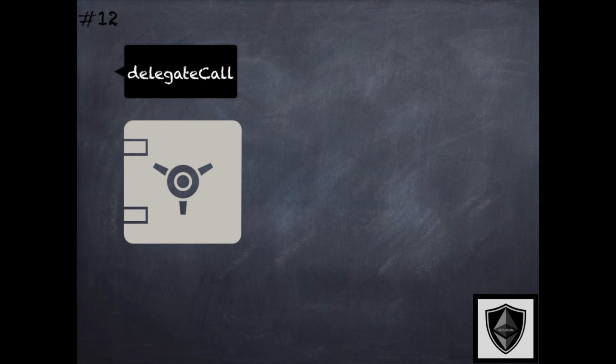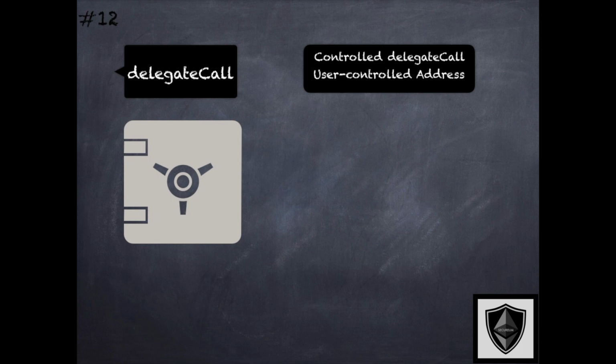This security pitfall is related to the use of delegate call in contracts where the delegate call may be made to an address that is user controlled. Recall that in the case of delegate calls, the calling contract makes a delegate call to a called contract where the called contract executes its logic on the state of the calling contract.